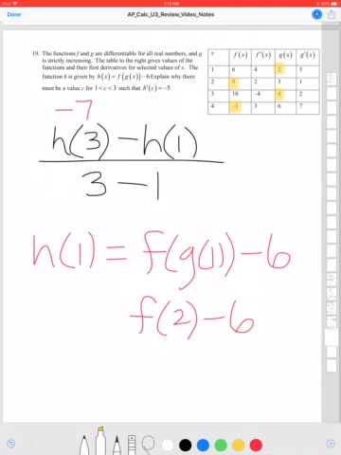F of 2 is 9. And so we have 9 minus 6, which is 4. Excuse me, 3.